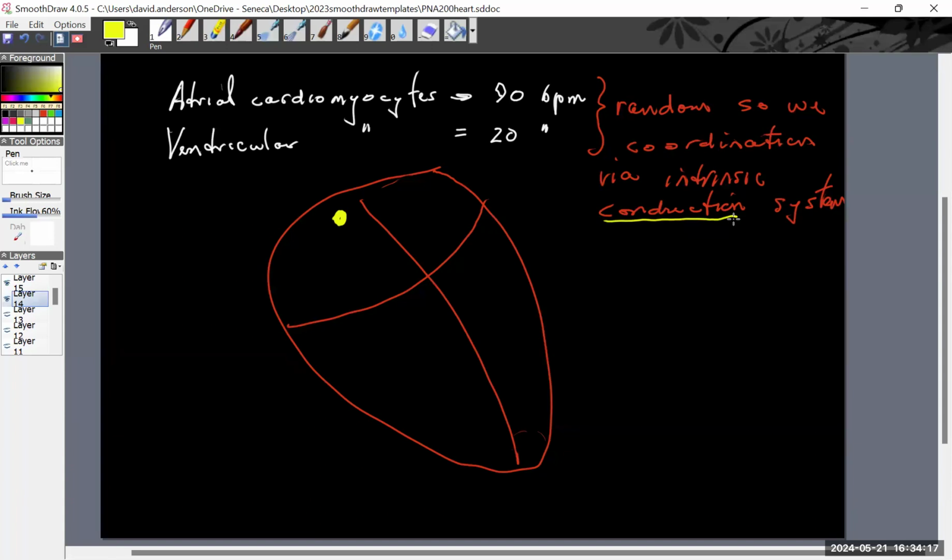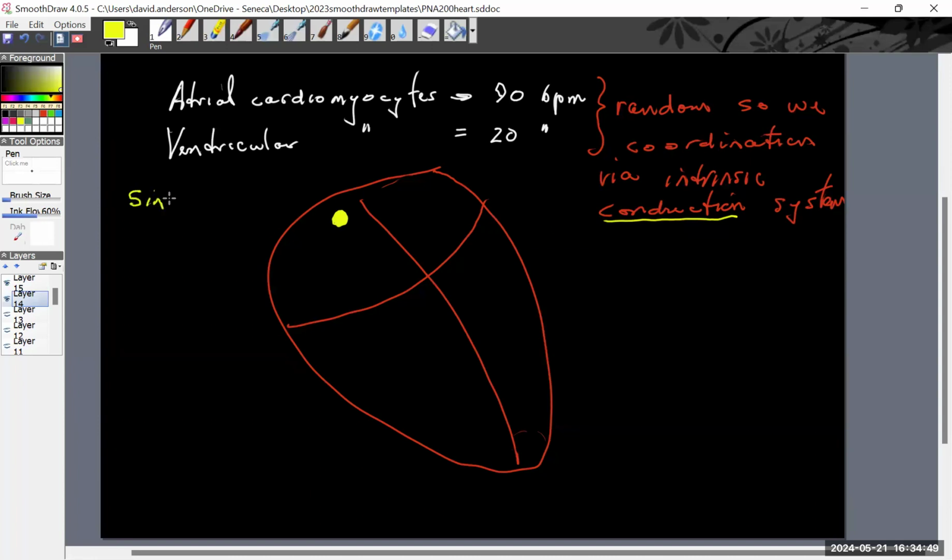The conducting myocytes are kind of a combination between neurons, but are found amongst the muscular cells of the heart wall. And it's going to start with a cluster of specialized conducting muscle cells called a node. In this case, this node is located in the upper central corner of our right atrium, and it's the pacesetter for the heart. This is where the pace setting is going to get started.